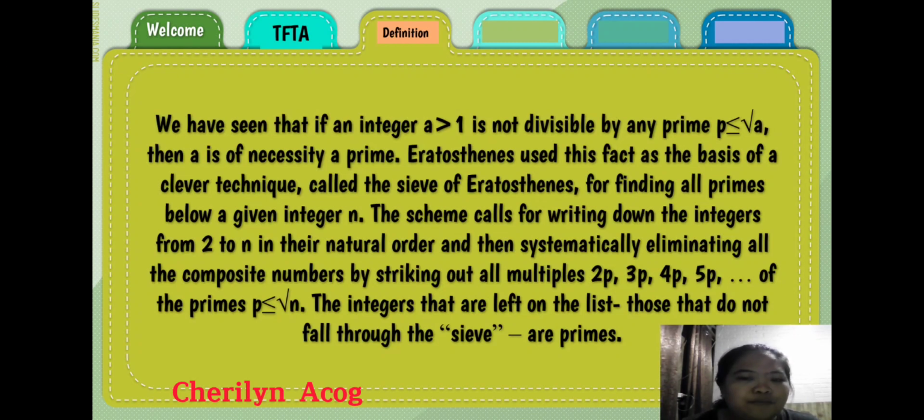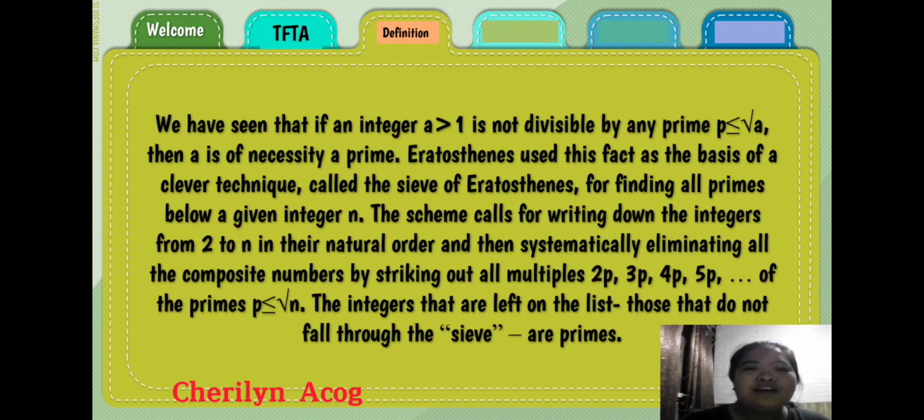The scheme calls for writing down the integers from 2 to n in their natural order and then systematically eliminating all the composite numbers by striking out all multiples 2p, 3p, 4p, 5p of the primes p less than or equal to the square root of n. The integers that are left on the list, those that do not fall through the sieve, are primes.